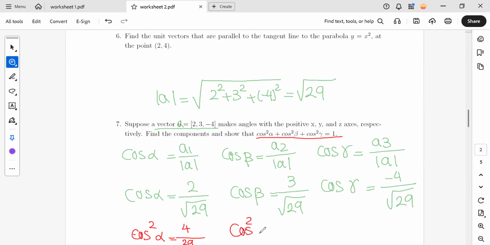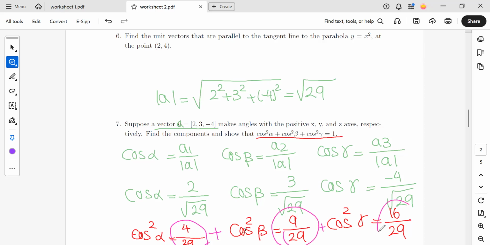The cosine squared of beta would be 9 over 29, and cosine squared of gamma will be 16 over 29. Let's say we add them up. This one plus this one plus this one. So you know that the denominator is 29. What if you add 4, 9, and 16? That would be 29, so the answer is 1.